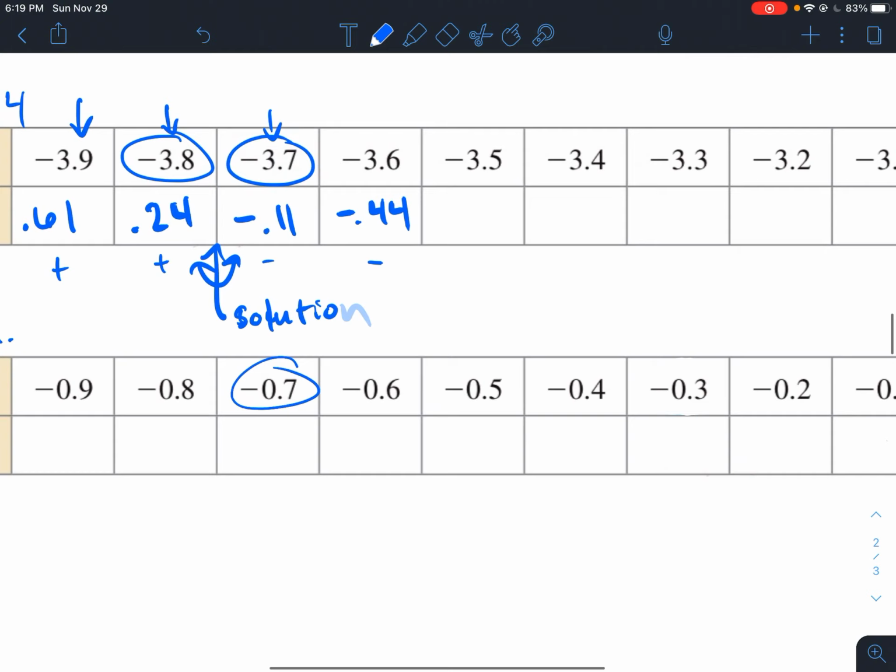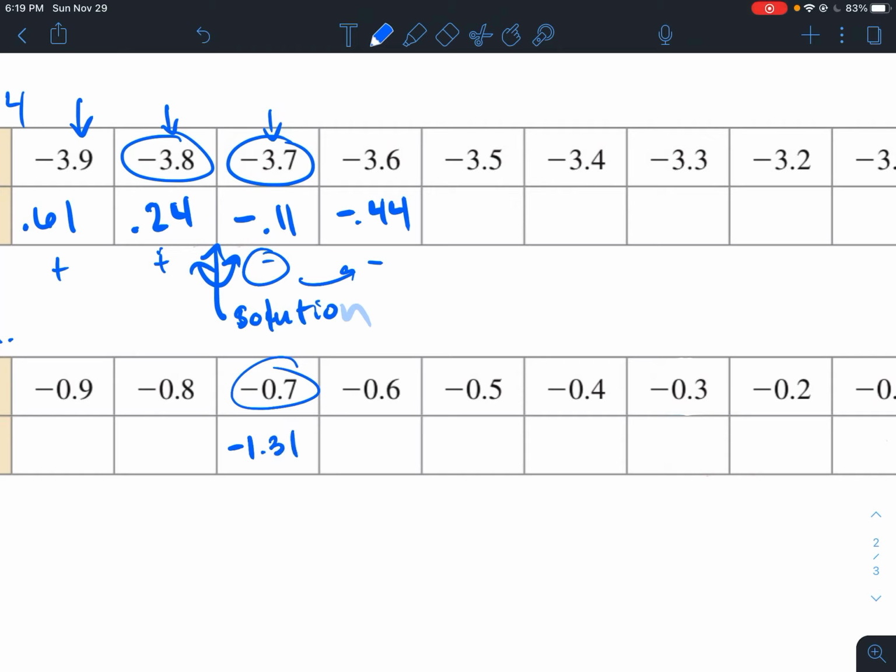So I'm looking for a switch from negative to positive. So I'm going to try plugging in negative 0.7. If I plug in negative 0.7, I get negative 1.31.